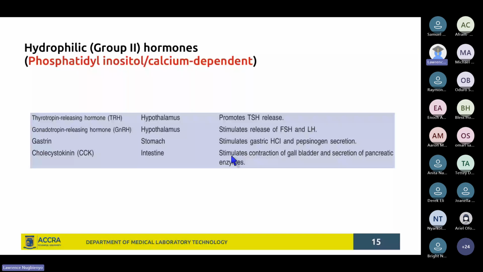And so when the lipids are emulsified, then you can have lipases acting on these lipids. You have also the secretion of pancreatic enzymes that are also regulated by cholecystokinin. So you have these examples of hormones that use the phosphatidylinositol and calcium mechanism as their second messengers. All right, we'll take a look at how that happens.